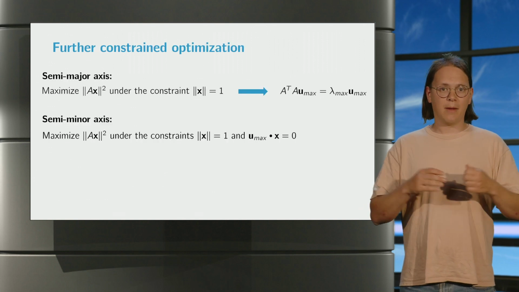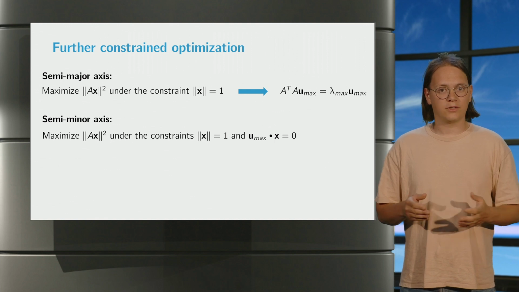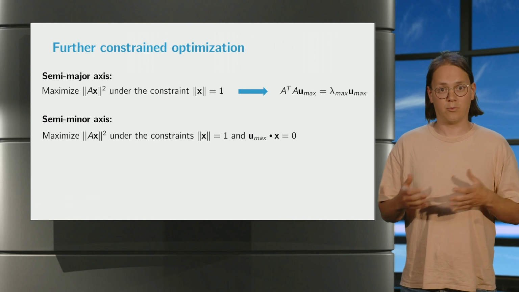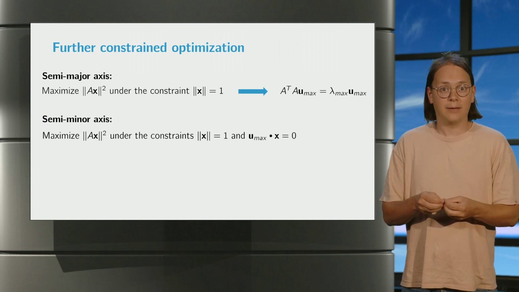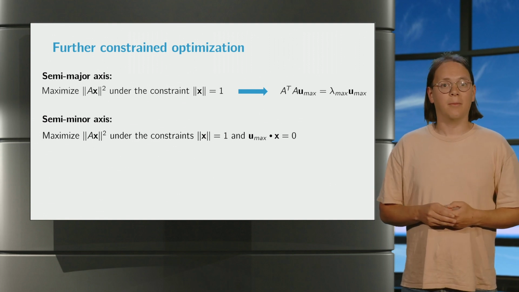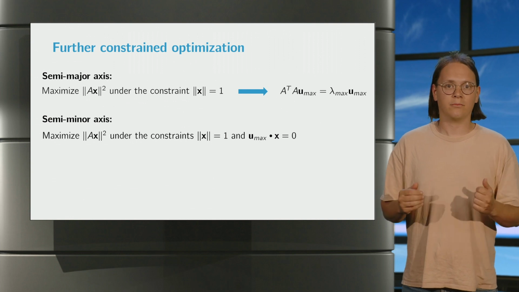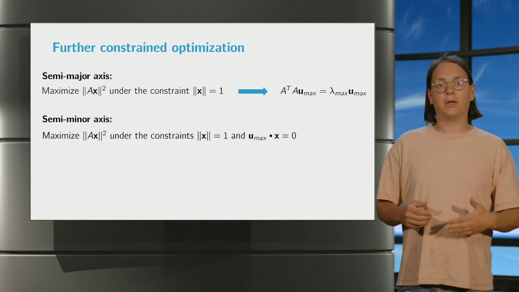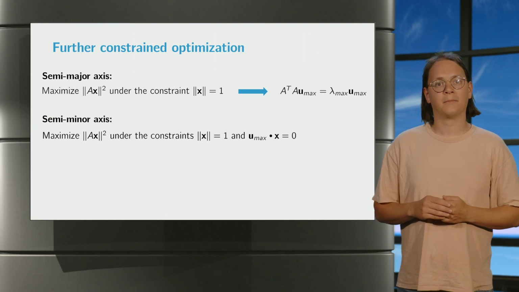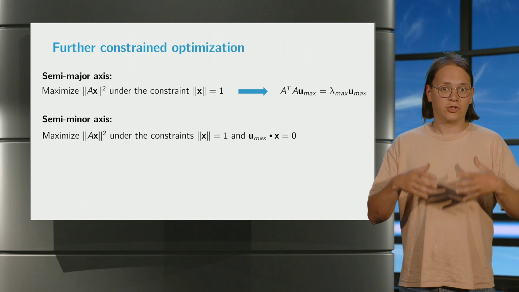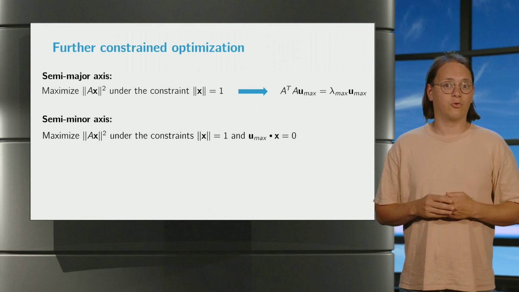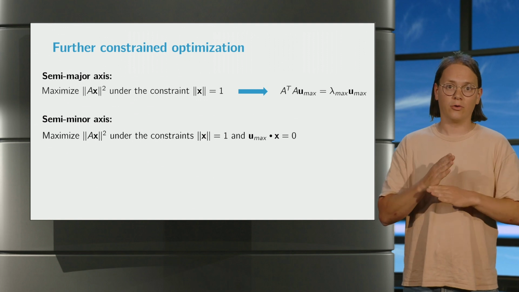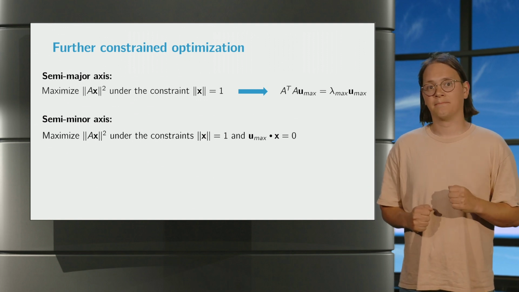Now how about the semi-minor axis? Of course, it is not the minimum of the norm of A times x with the constraint that the norm of x is 1. Indeed, the interior of the ellipse is in the image, and so the minimum length of A times x is simply 0. Instead, we are actually still maximizing, but simply with an additional constraint. Now we have not just the constraint that the norm of x is equal to 1, but also that the image vector Ax is orthogonal to the semi-major axis.